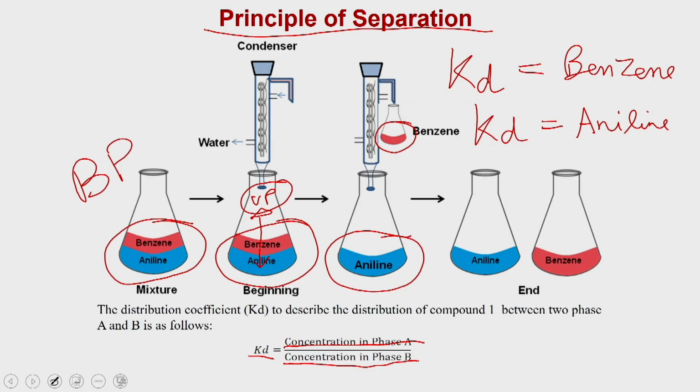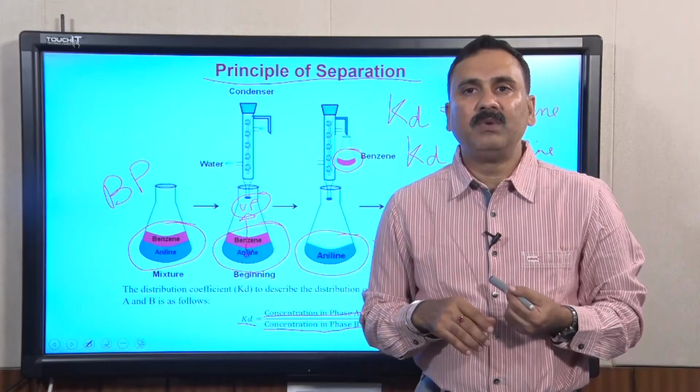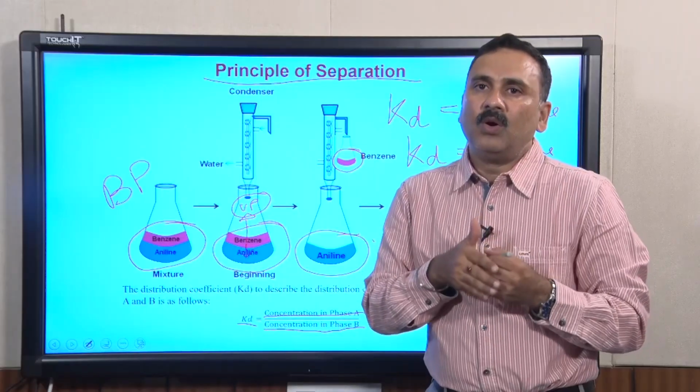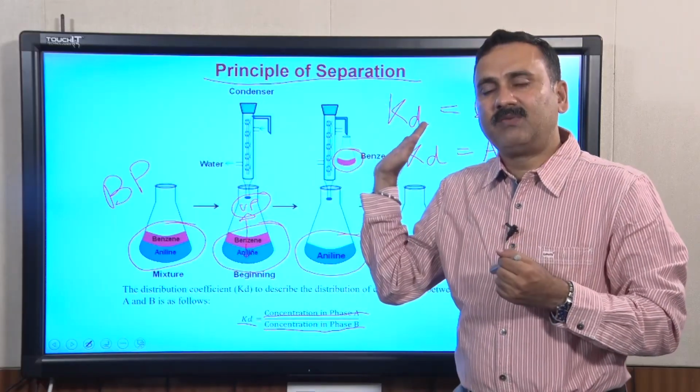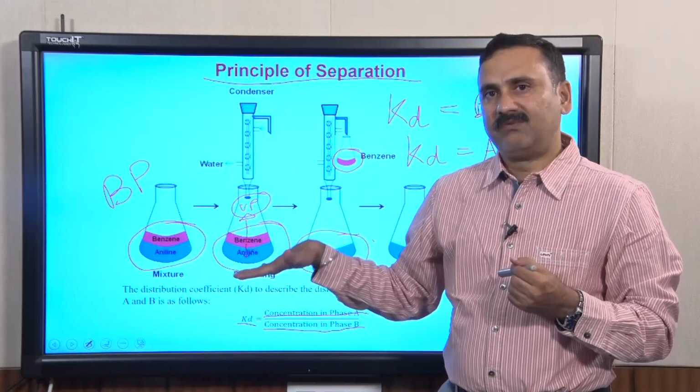Because of that, the Kd value for benzene would be more towards the vapor phase, whereas the Kd value for aniline would be more towards the liquid phase, and as a result the benzene will get distilled into a separate flask, whereas the aniline will remain in the original flask.